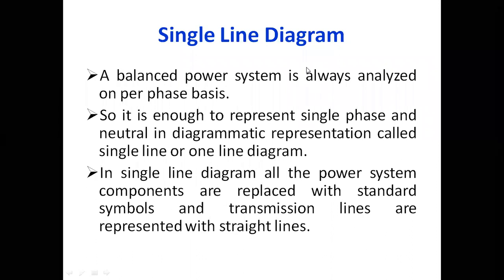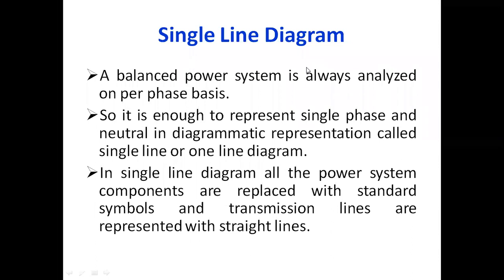Suppose I get I equal to 2 amperes in the R phase, then what about Y and B? R, Y, B are the 3 phases, right? If we get I equal to 2 amperes in the R phase, in the Y phase you are also getting 2, and in the B phase you are also getting 2. Why? Because this is a balanced power system.